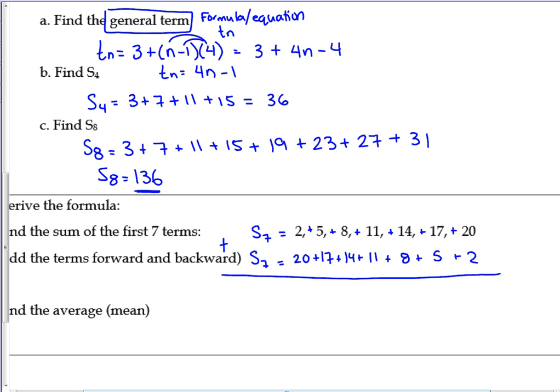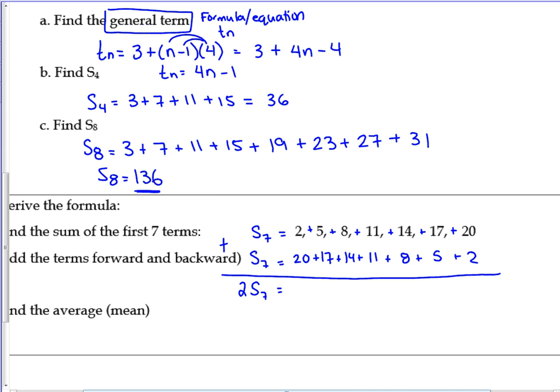So S7 plus S7, if you add x plus x together, what does that give you? 2x's, right? So S7 plus S7 gives me 2 S7's. Now notice, if we add vertically each one of these, what do they add to?